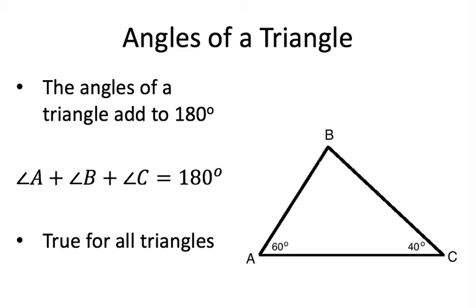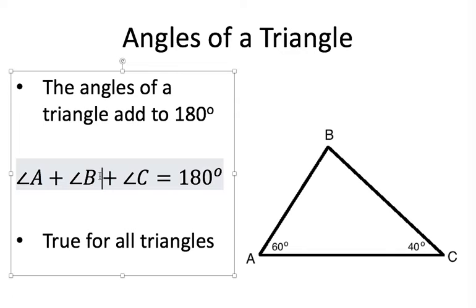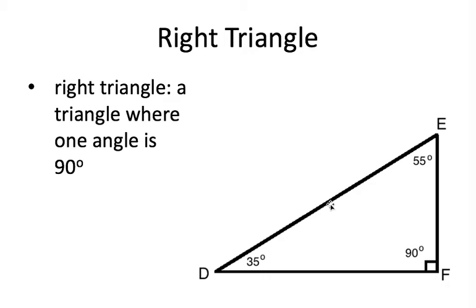So if you have two angles that were 90 degrees, then the other angle would be 0. And so it would just look like a line segment. It wouldn't actually look like a triangle. So if you have one angle that is 90 degrees, it is a right triangle.